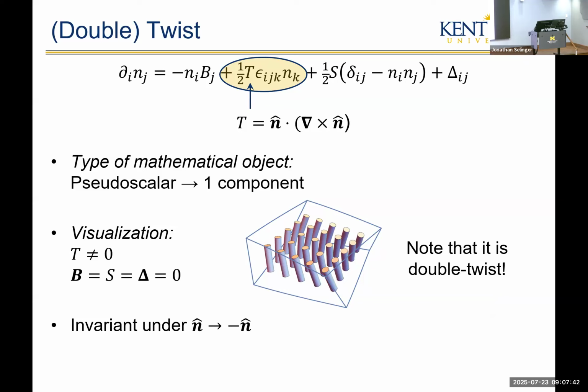It has to be the same all around because it is a scalar, so it doesn't have a direction. This is what Greg Grason called double twist in his talk a couple days ago, but I just want to call it twist. This is a second kind of gradient of n.